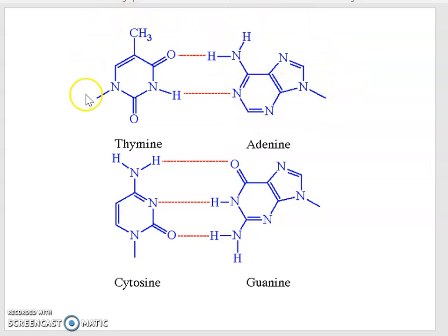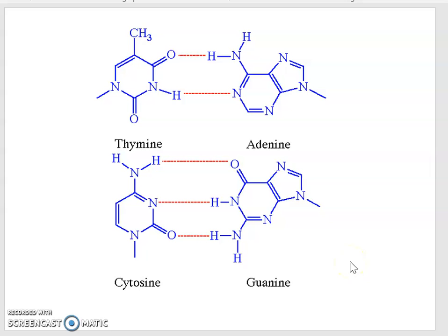So thymine always binds with adenine, and similarly, cytosine always binds with guanine. And what I want to draw your attention to is the fact that the distance between this molecule here and this molecule here is exactly the same. And that becomes important later on, and that's why we have this particular complementary base structure.